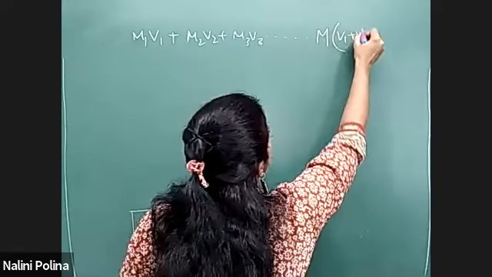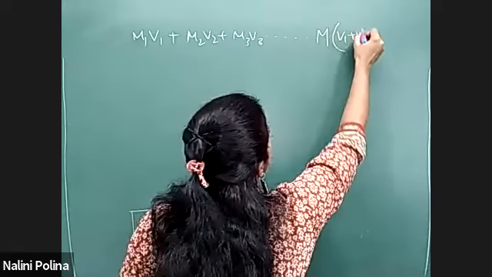Question number 86. Read the question. See, the final molarity of a solution made by mixing 50 ml of 0.5 molar HCl and 150 ml of 0.25 molar HCl and water to make the volume 250 ml is.